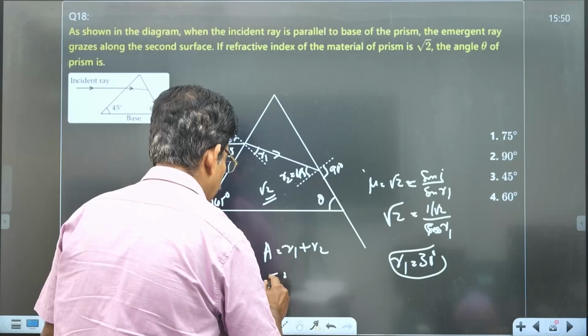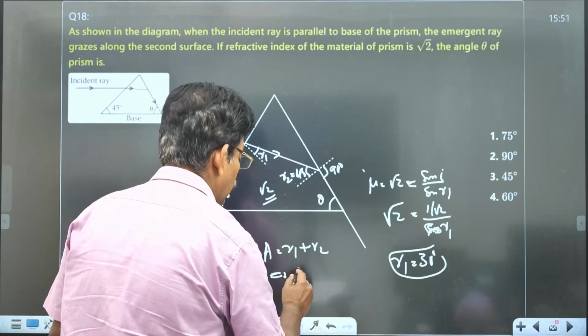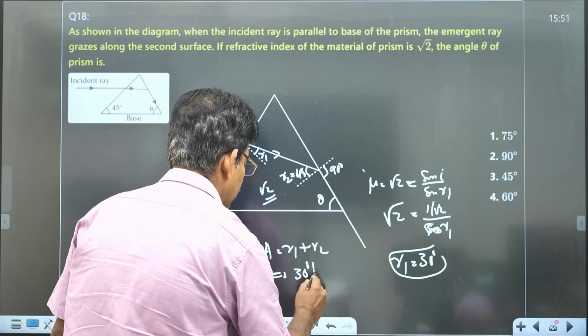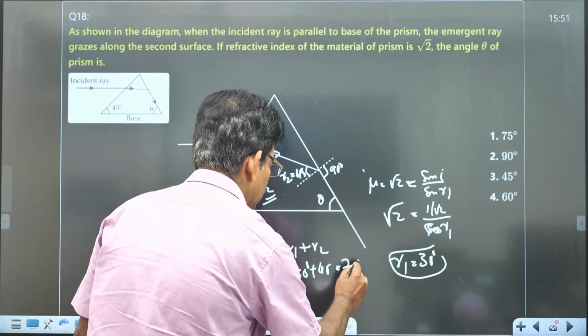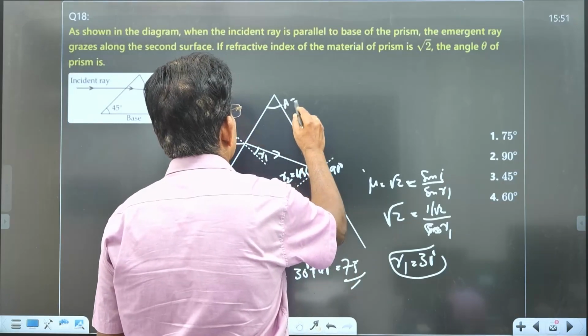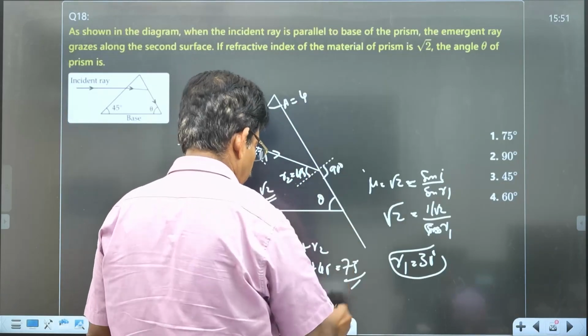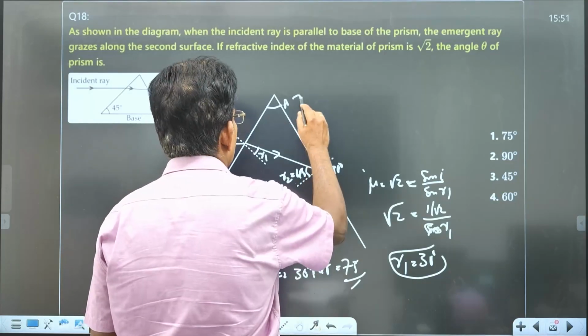R1 you got is 30 degrees plus R2 is 45 degrees. This comes to 75 degrees. So the angle of prism is 75 degrees.